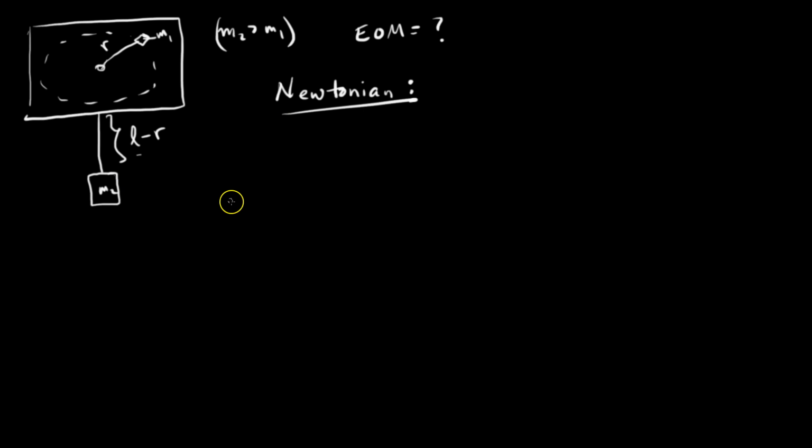So let's look at block number 2, M2. What do we have? We have M2 g, and upwards we have a tension. Fairly simple. And block 1, M1: we have a tension in the radial direction.